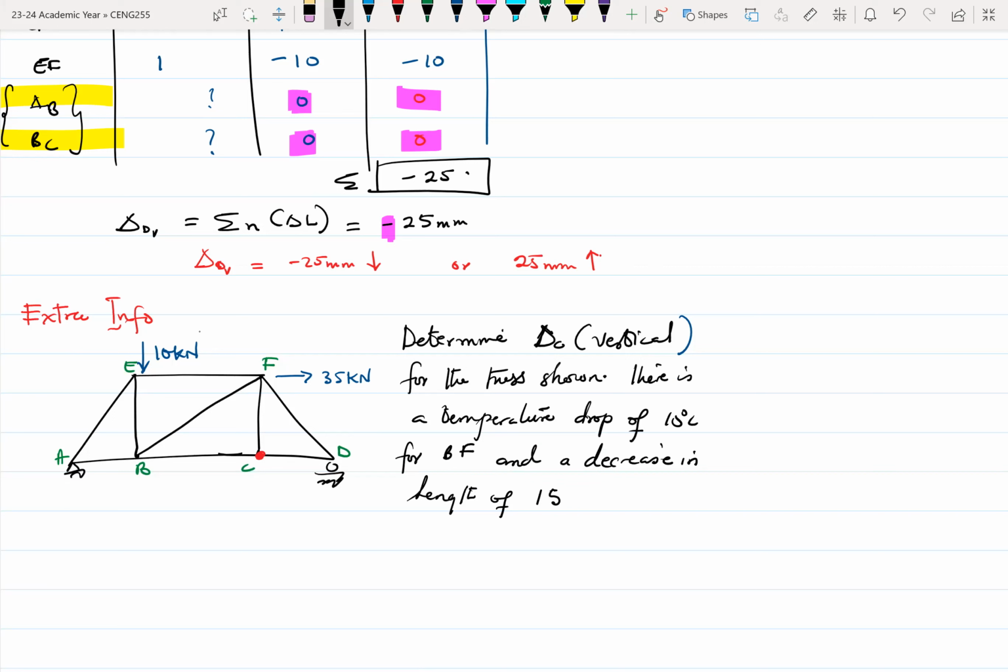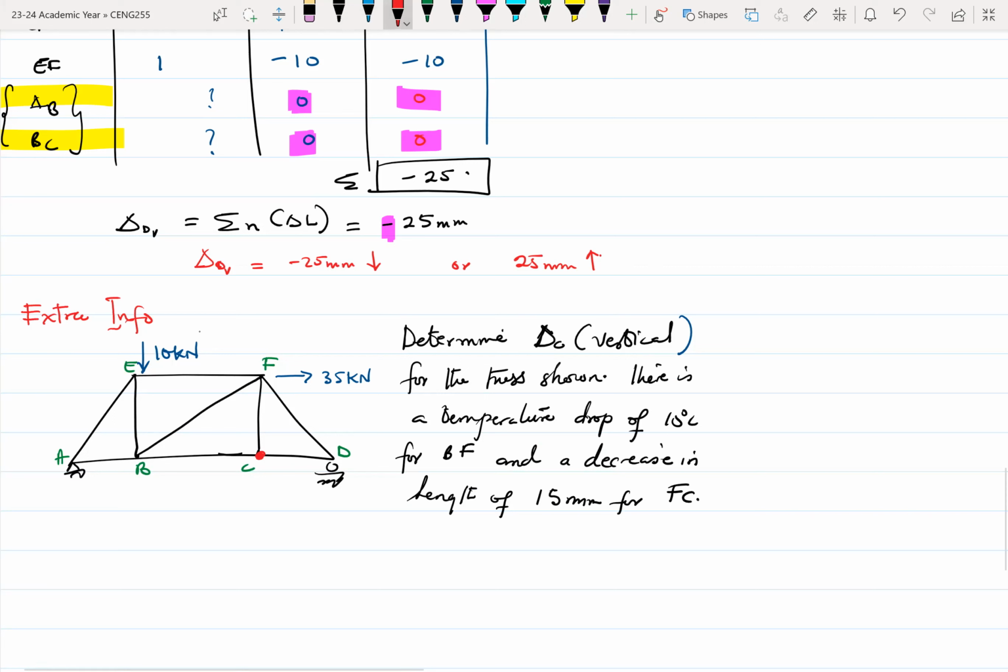So the truss is experiencing all three categories. It has external loads.